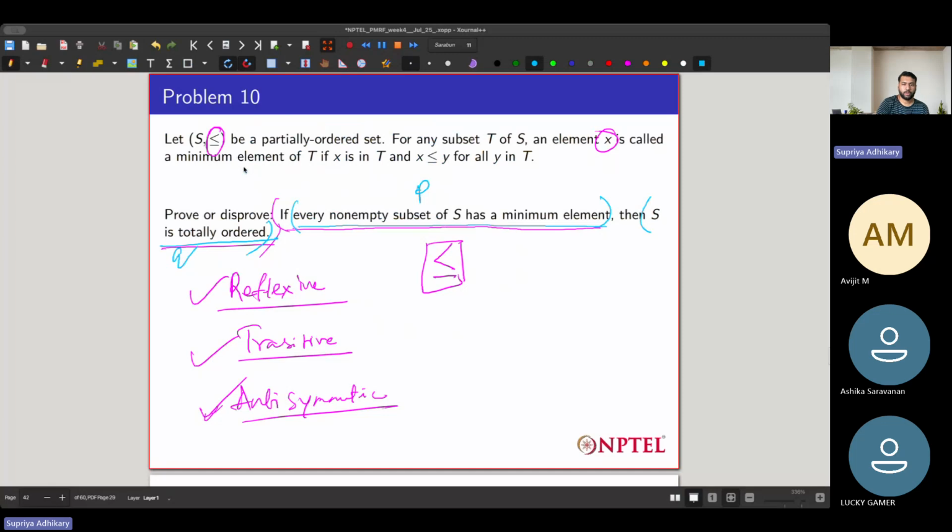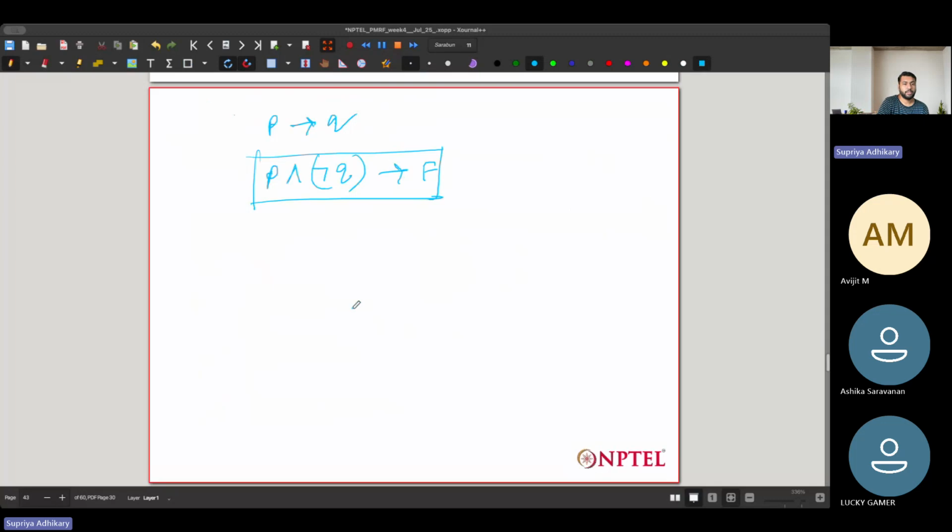So what we are going to assume is that this first statement is true, that every non-empty subset of S has a minimum element, and we also assume that the negation of the second statement is true. That is, we assume that S is not totally ordered. So what's the definition of totally ordered?